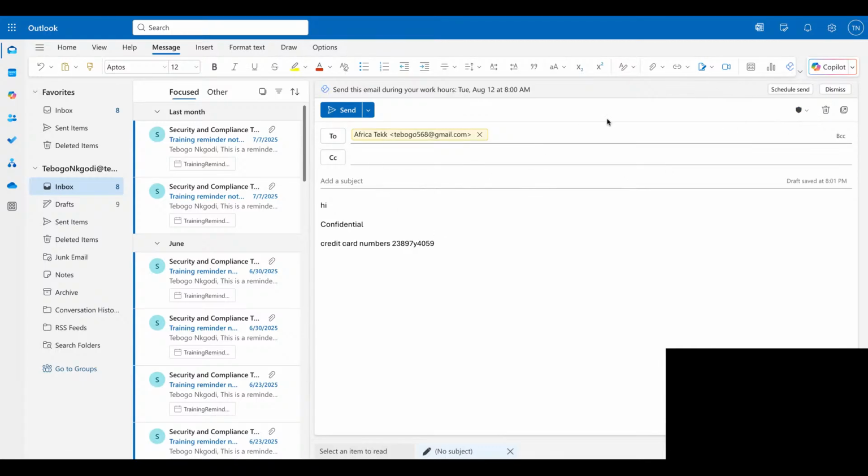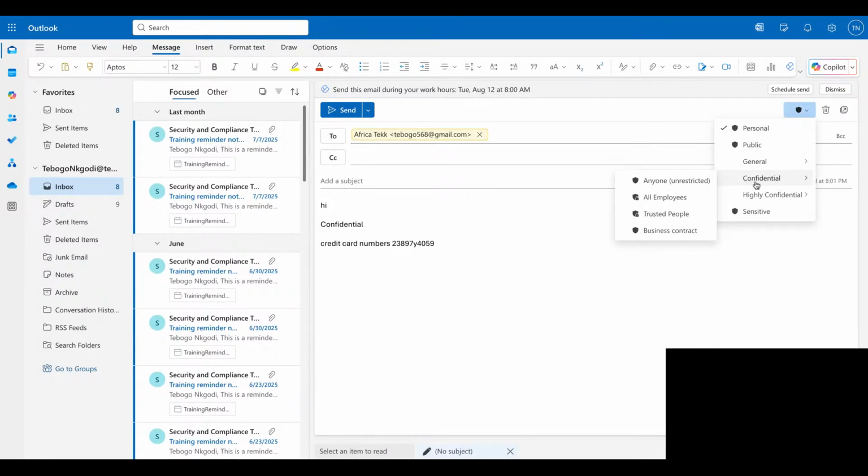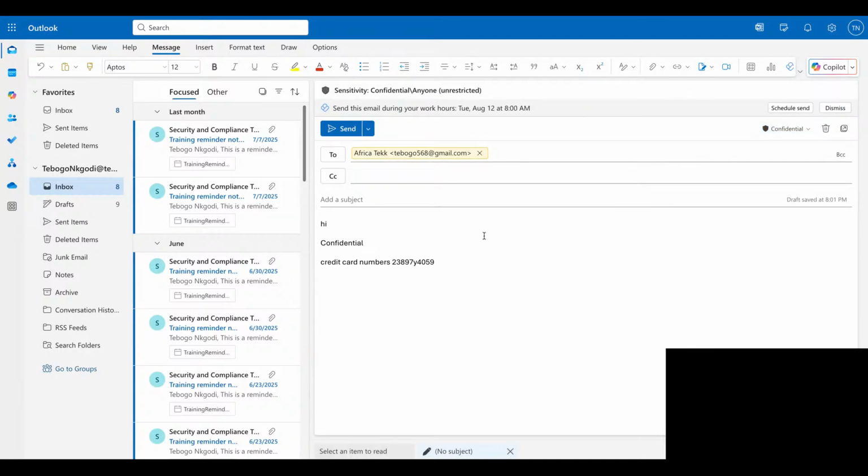If I'm doing it manually, I would just come and click here, identify it as confidential, then click confidential. Then it's labeled here as confidential.